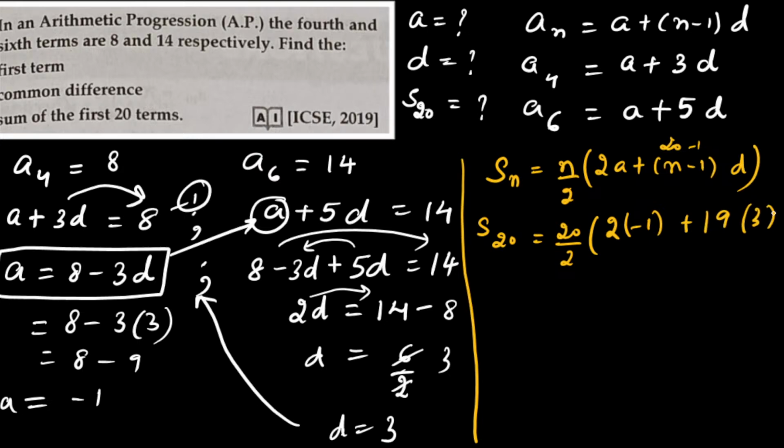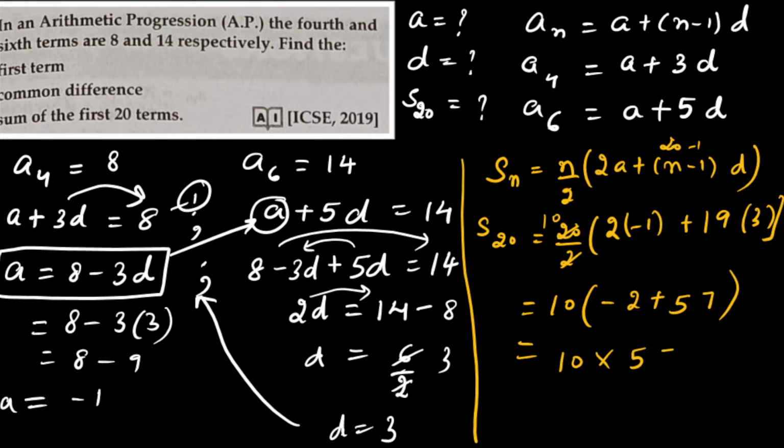D's value is 3. Here we'll get 10 into minus 2 plus 19 into 3, which is 57. So 10 into 55 we'll get 550. So S20 is equal to 550.